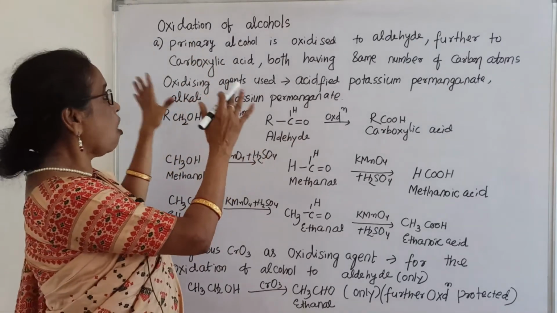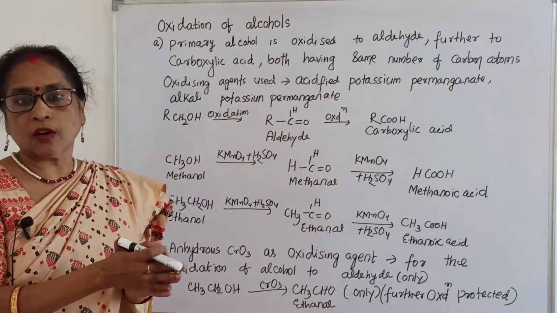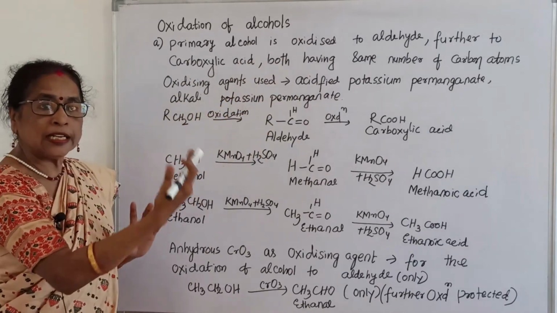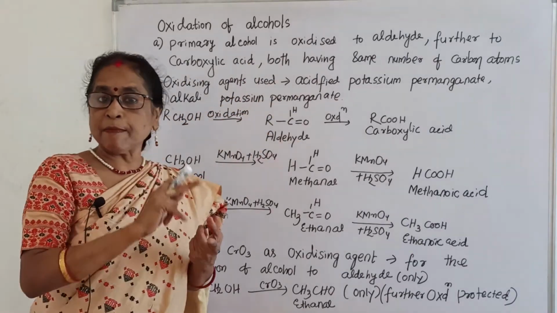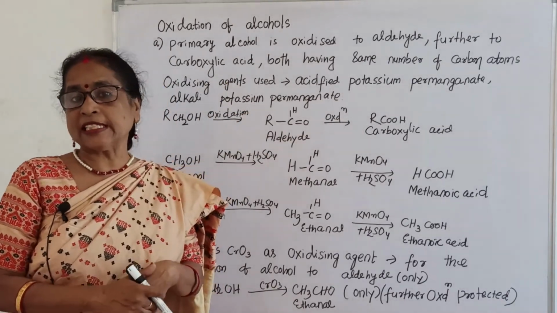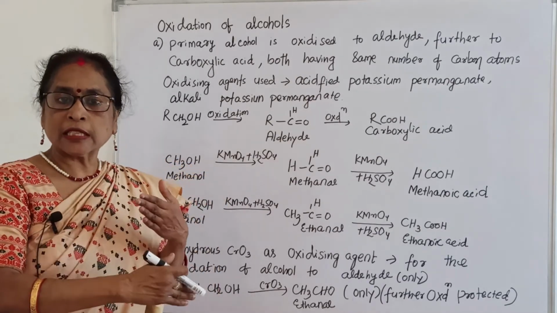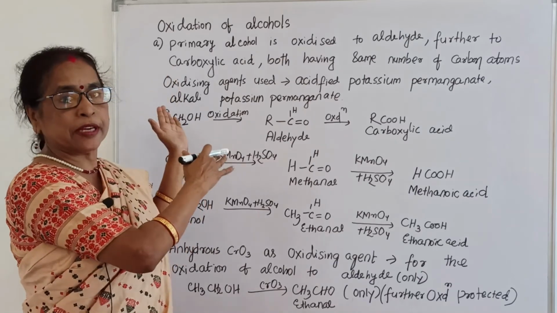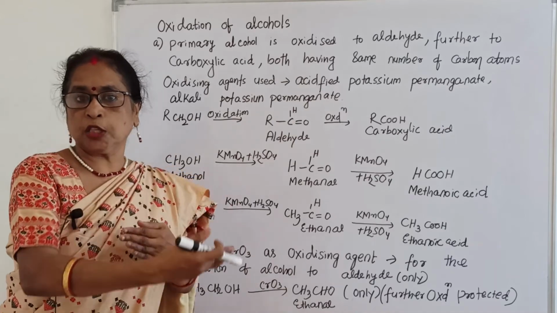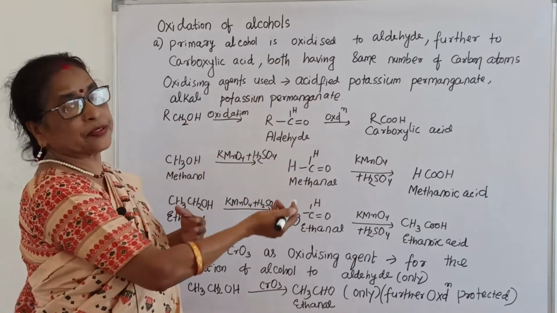Then what happens here? When you treat the alcohol with the oxidizing agent, primary alcohol is oxidized to aldehyde. It gives aldehyde as the main product, and further to carboxylic acid. That means two oxidations take place. First, primary alcohol gives aldehyde. Further oxidation with acidified potassium permanganate then gives acid.